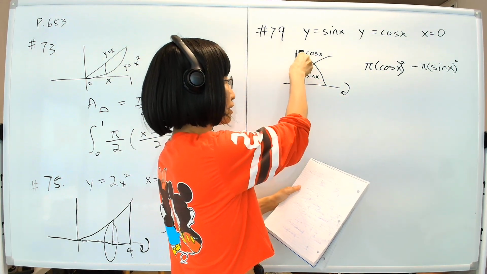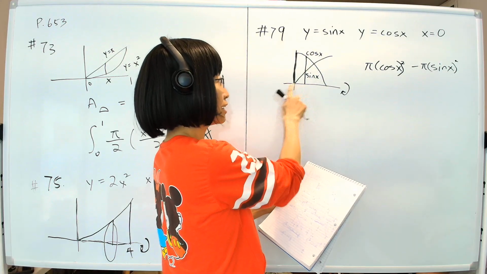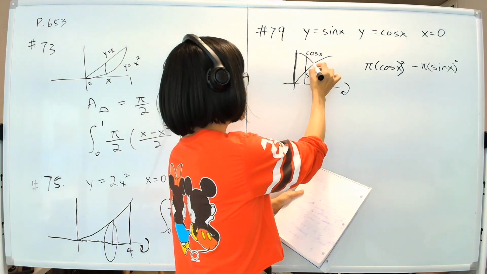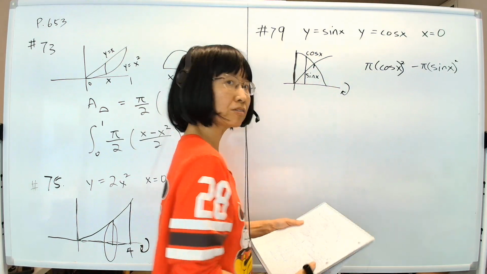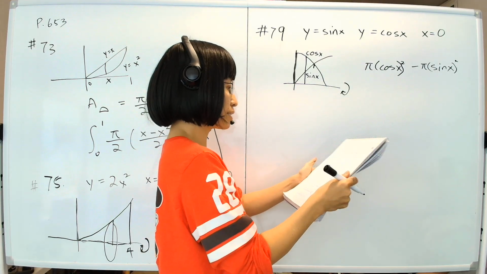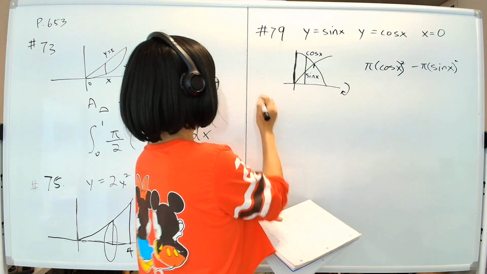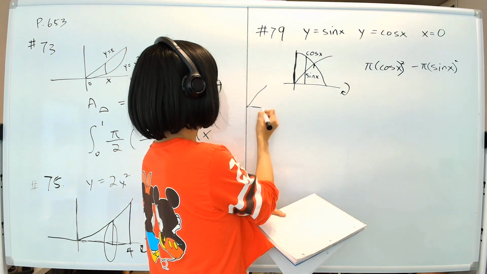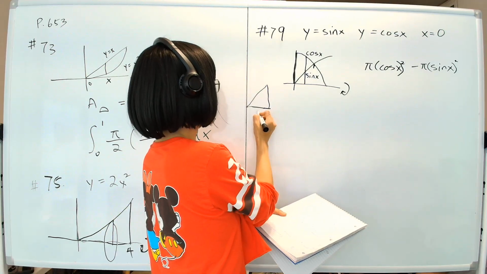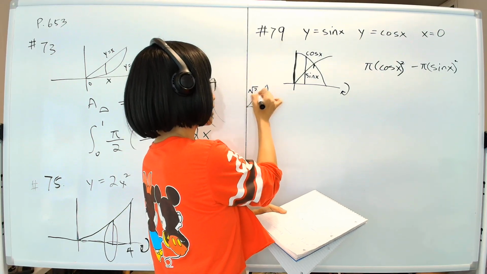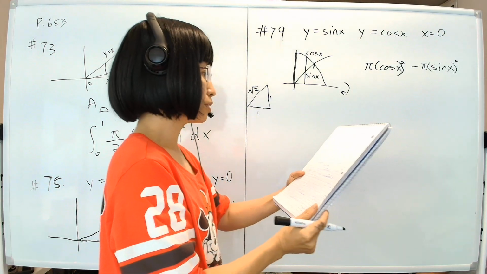See, the delta x is this little width. So we're integrating along dx, but we're integrating where sine x equals cosine x. When is sine x equal to cosine x? You remember the isosceles right triangle, with sides 1, 1, square root of 2. That's when sine x equals cosine x.